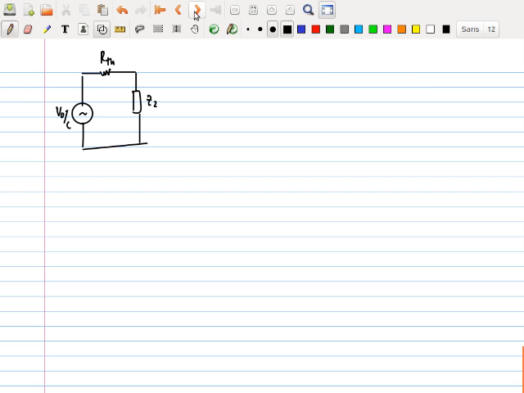Now what we are going to do is a very important part. It's basically called power calculations. Because if you take a look at AC theory, AC stuff, it's all about what?